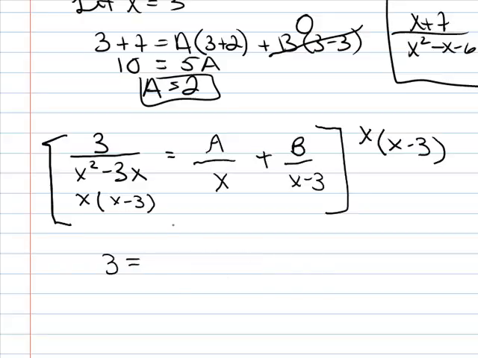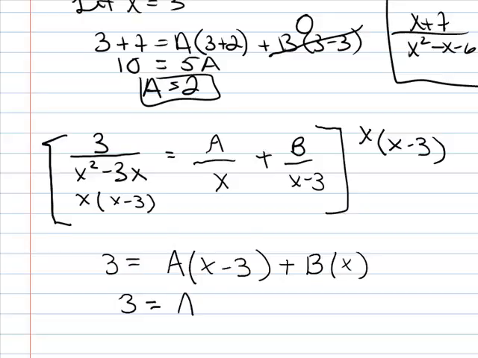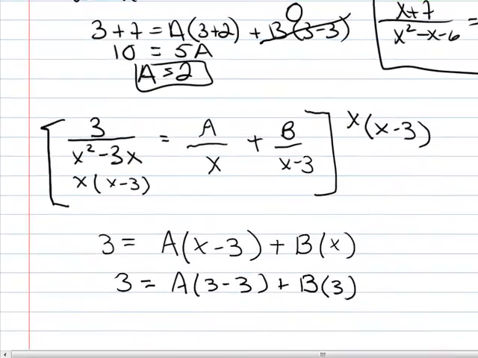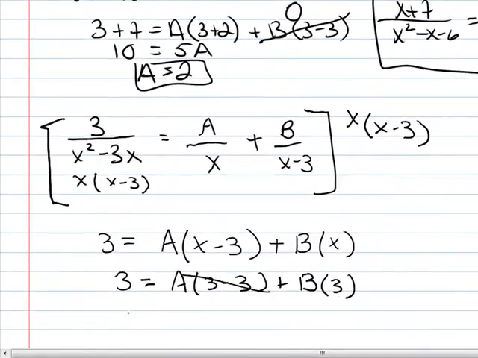Then you have 3 equals, you put the 3 with the a as x, that cancels, leaving you with 3 equals 3b. Divide by 3 on both sides, you have 1 equals b.